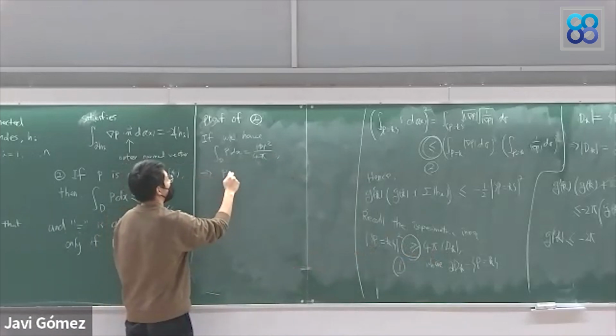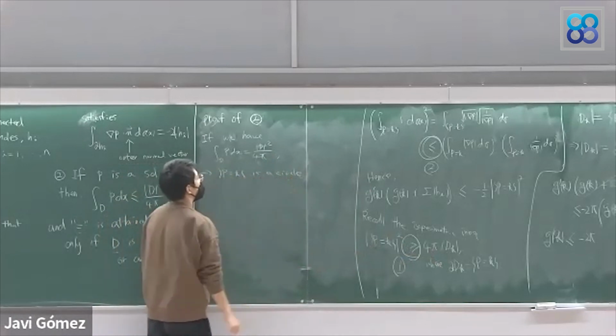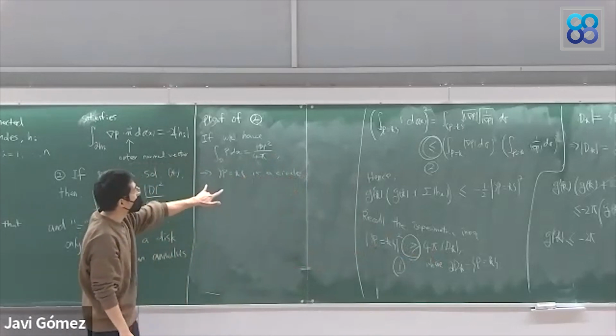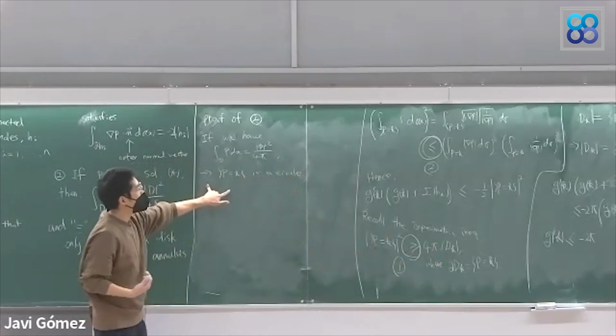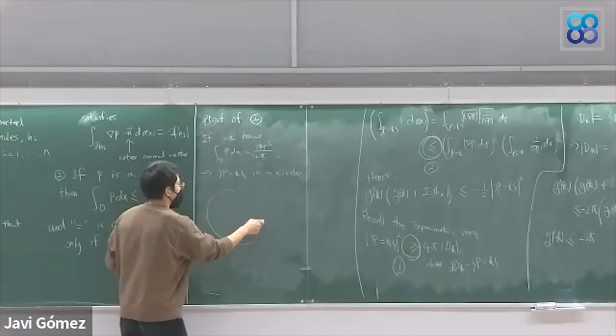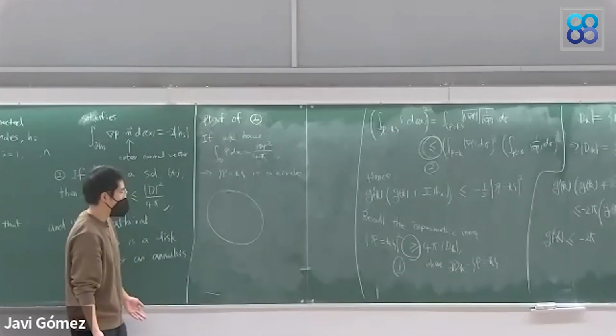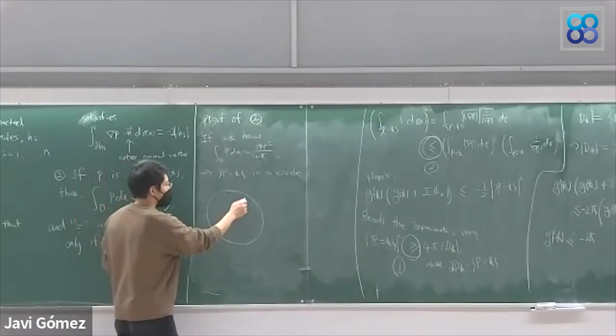Then every level set is a circle. But still, it doesn't give us a radial symmetry, because imagine you have a disk as a domain, but what if its level set looks like this?